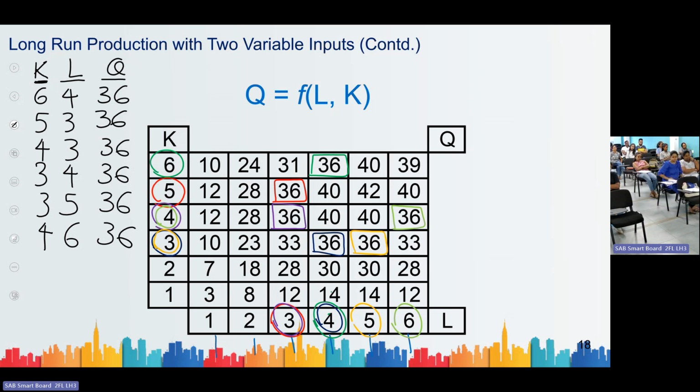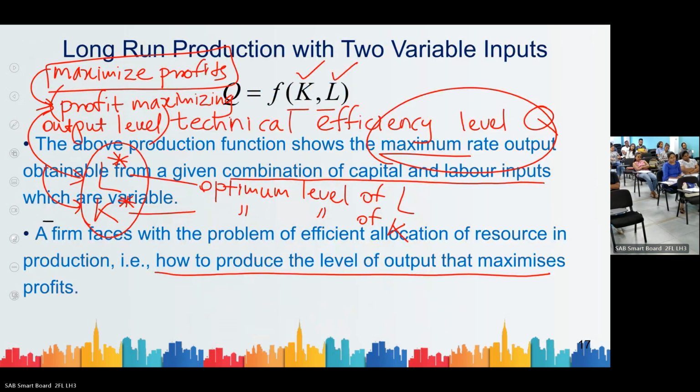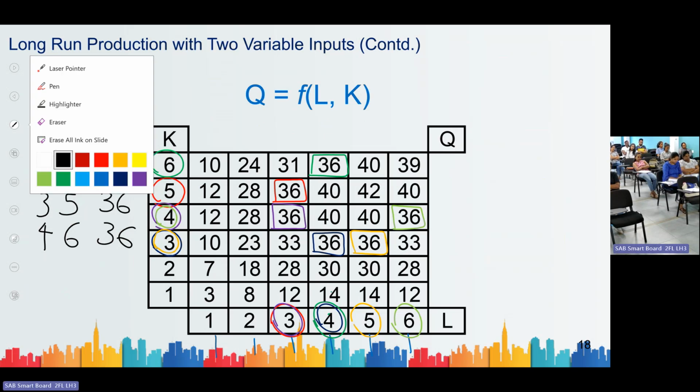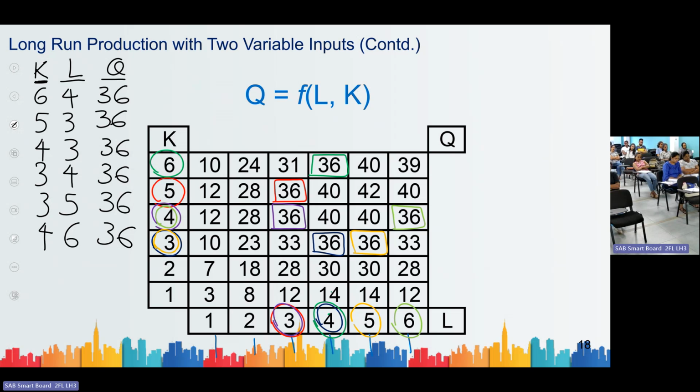These are alternative combinations. The firm can produce 36 units of output either by combining 6 K and 4 L units.